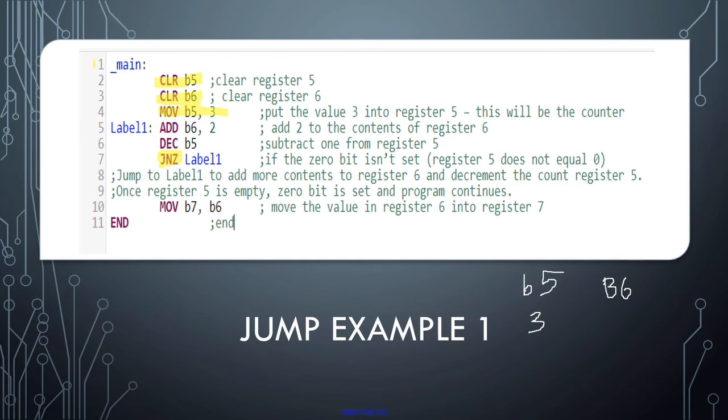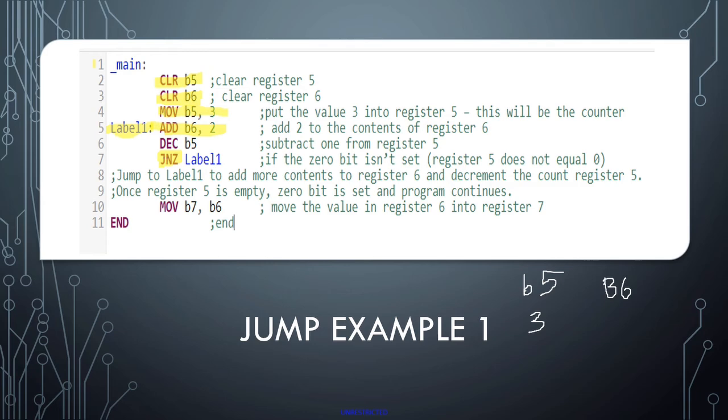So B5 is set to 3, and then in this next line, notice this is our label, so that means we're going to jump back to this portion of the code potentially at some point. We are going to add 2 to the contents of B6. This shows you why it is so important to clear some of the registers before you use them, because register 6 is going to accumulate a certain number.